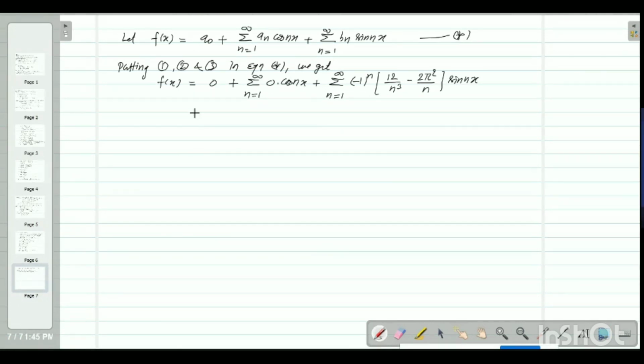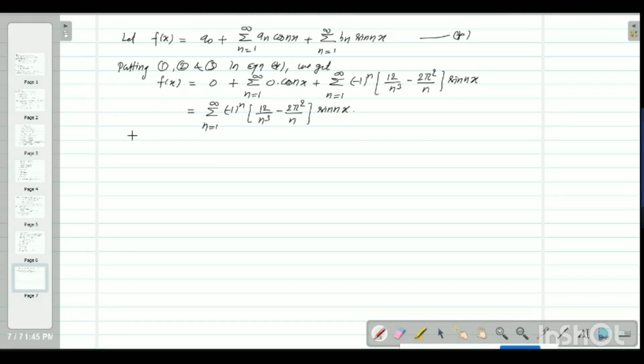Okay, just simplify this. So this will be 0, this will be 0, no need to write. Just write down sum running from n equal to 1 to infinity minus 1 raised to n and in bracket is what? 12 by n cube minus 2 pi square by n into sin n x.